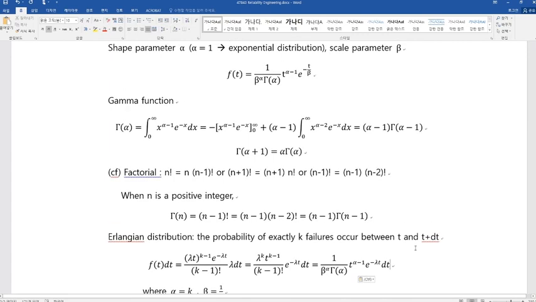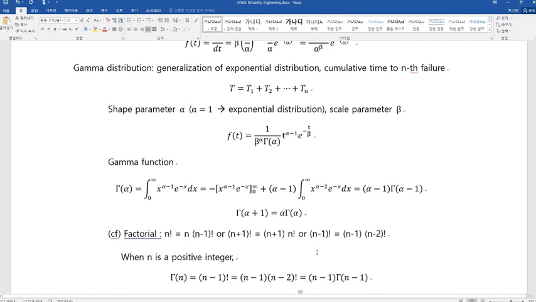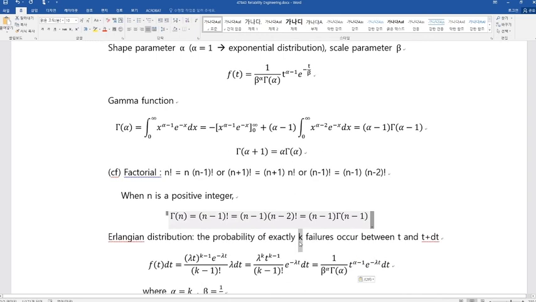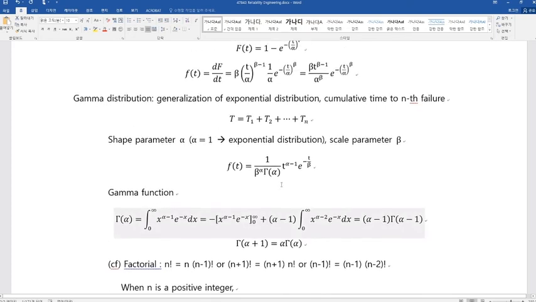But the difference between the gamma distribution and the Erlang distribution is that in the Erlang distribution, k is a positive integer, like 1, 2, 3, 4, 5, and 6, while in the gamma distribution, alpha does not need to be a positive integer.